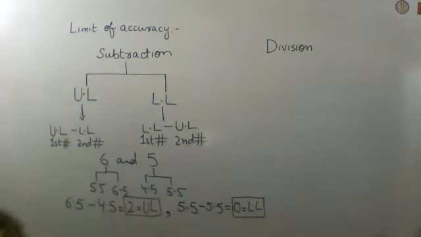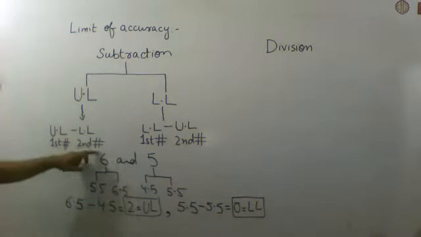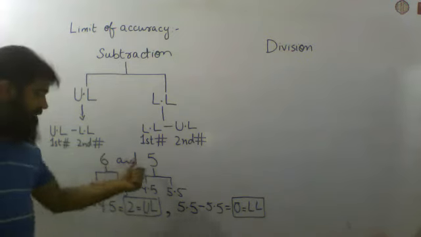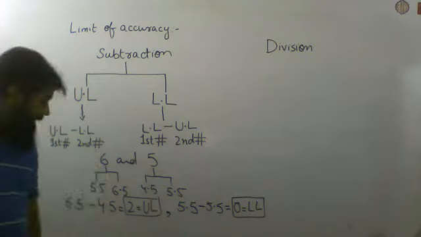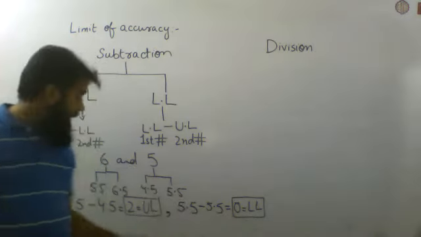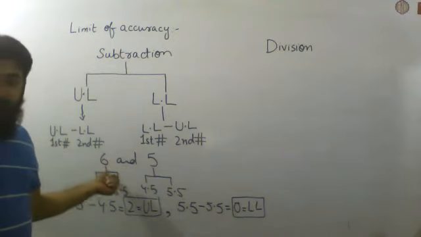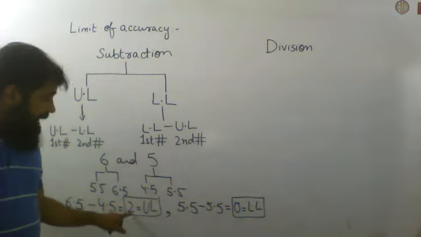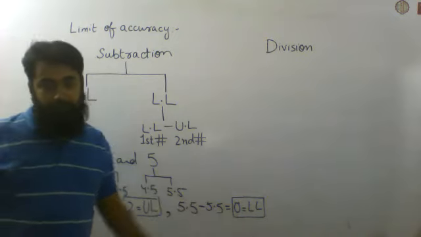So for the difference of 6 and 5, according to the limitation, the range can lie between 0 and 2.